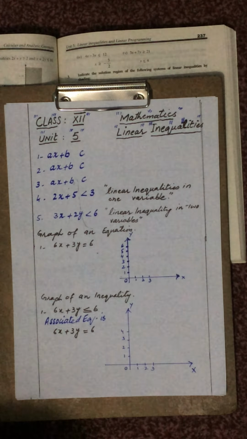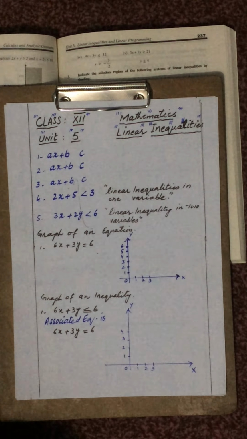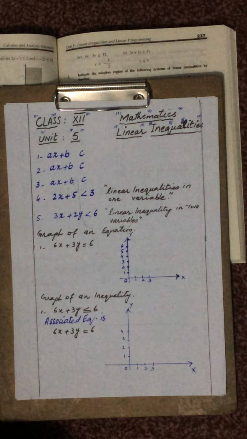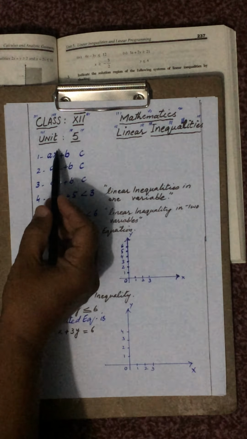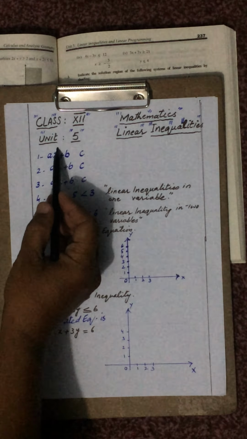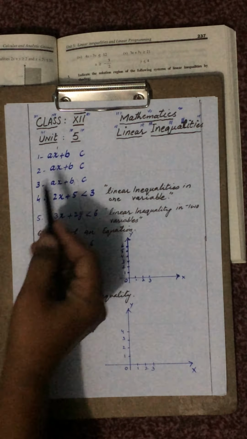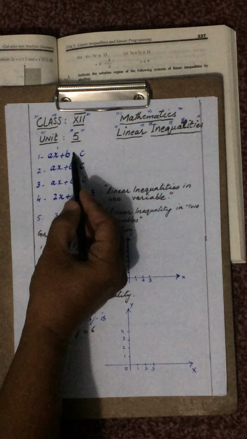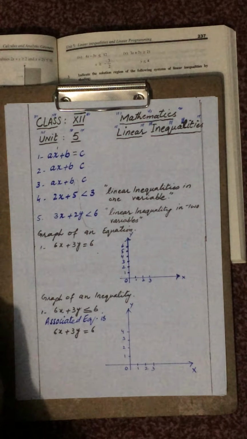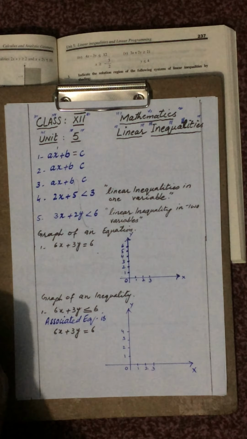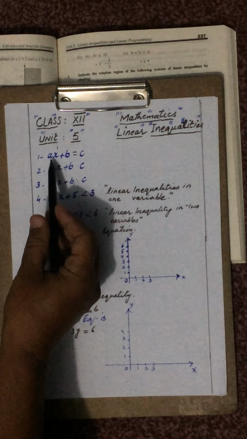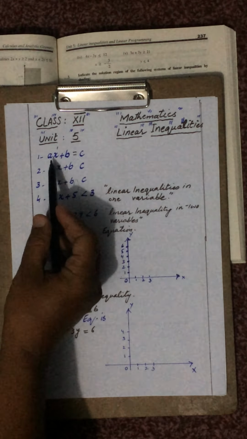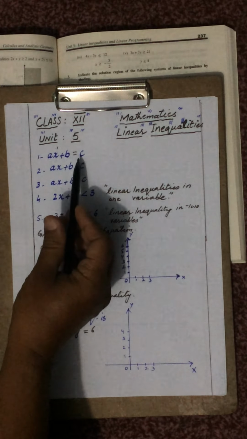Degree 1 means the highest power of the variable in the equation is 1, and there is an equality sign. So this is a linear equation in one variable, because the variable is 1 and a, b, c are constants. So this is a linear equation.